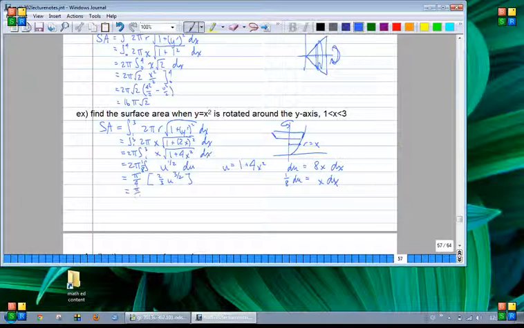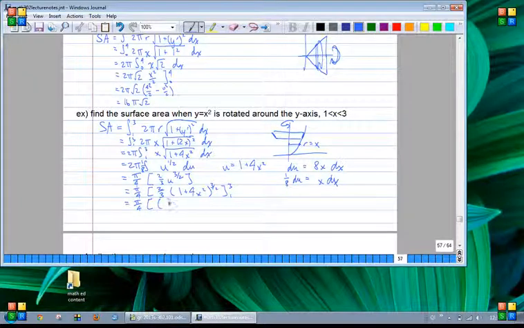And we've got to go back and replace that, so u was 1 plus 4x squared to the 3/2, and x goes from 1 to 3. And now you evaluate and do the arithmetic.